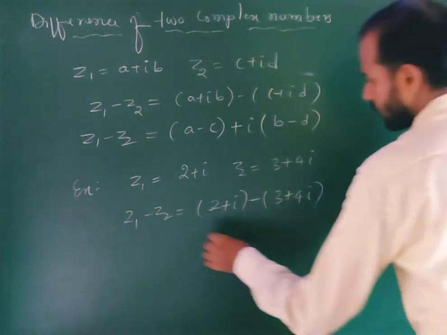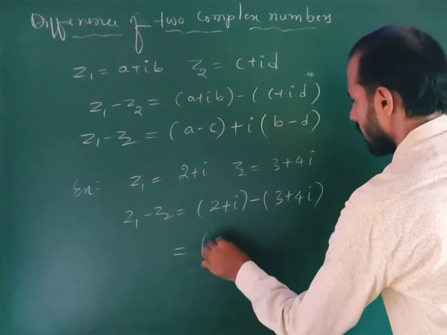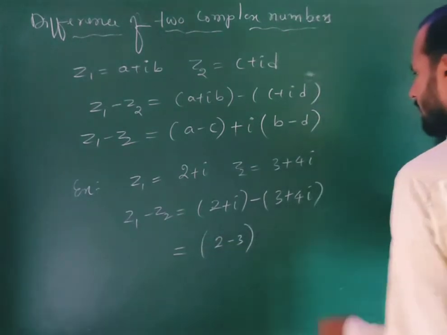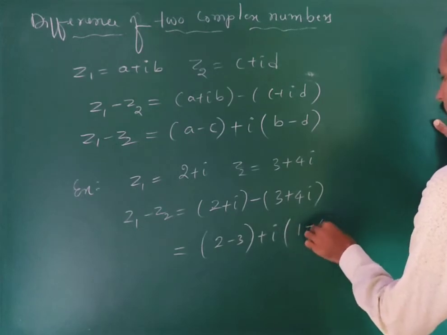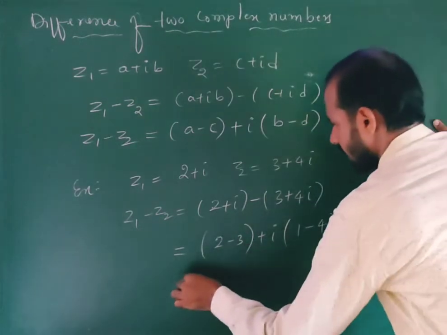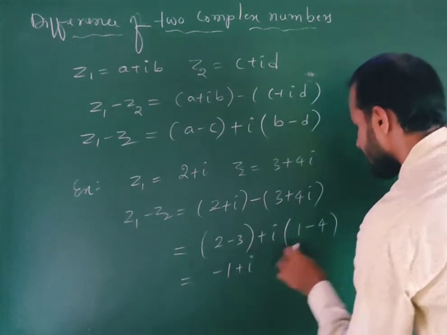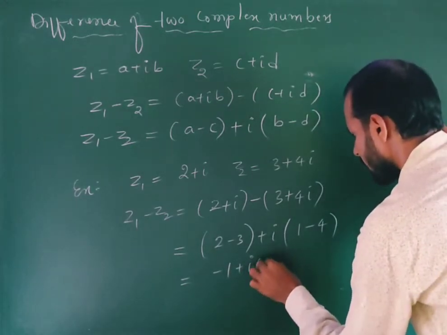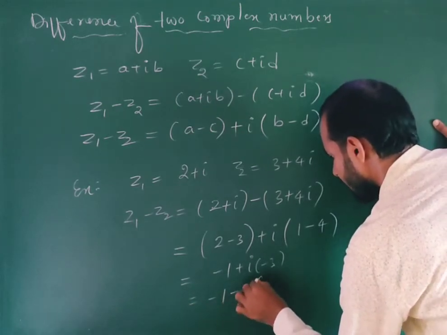Now take the real part on one side and the imaginary part on the other side. 2 minus 3 plus i times (1 minus 4). 2 minus 3 is minus 1, plus i times (1 minus 4, which is minus 3). Therefore what we get here is minus 1 minus 3i.